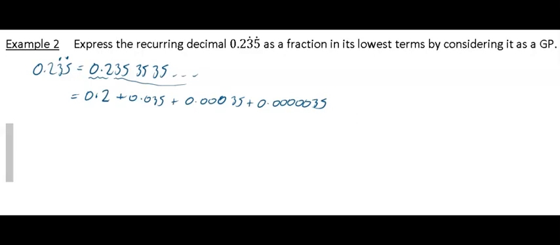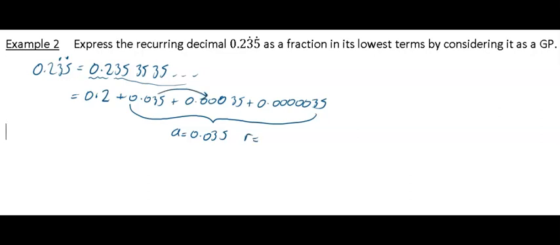Okay, if we go on with this then, if we look just at this bit, what you have, your a, your first term, is 0.035, and your r, how you get from this one to this one, for example, you would multiply by 0.01. So it's 100 times smaller, so you multiply by 0.01.